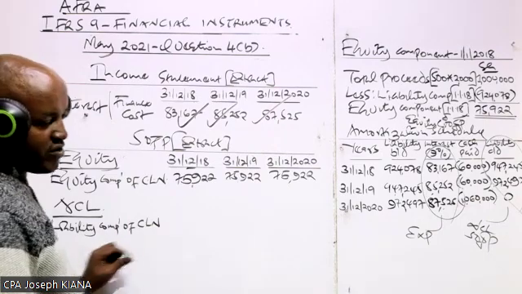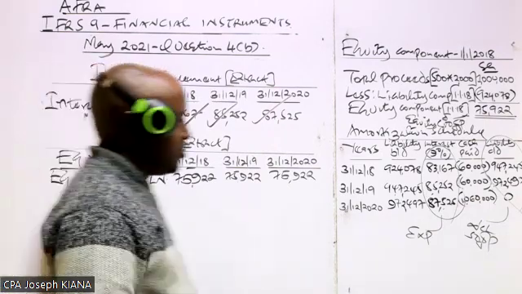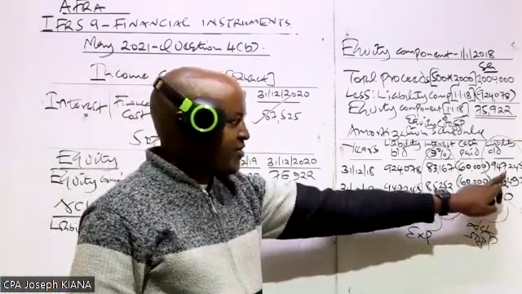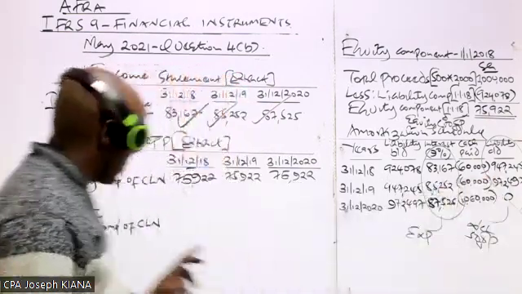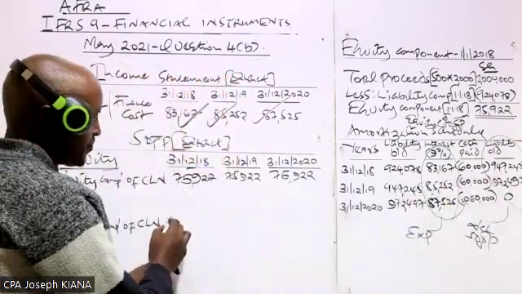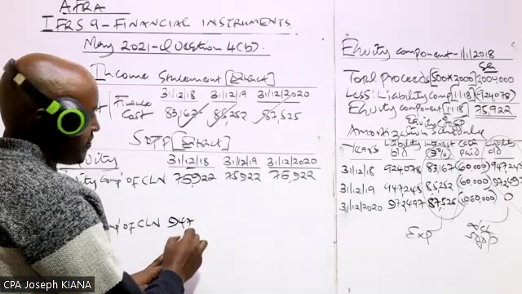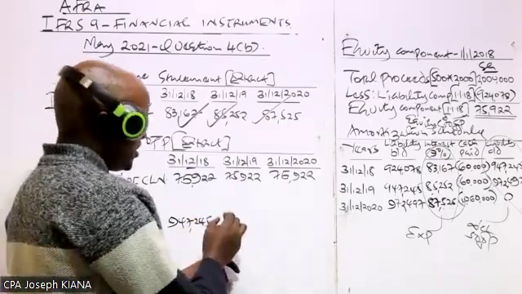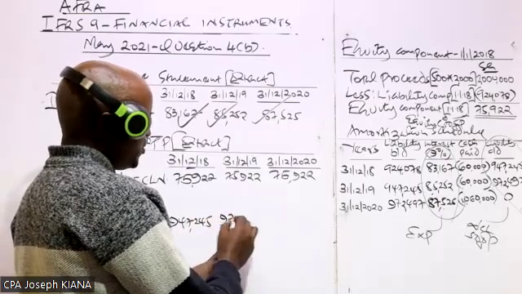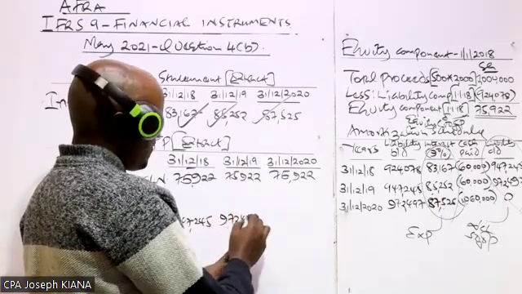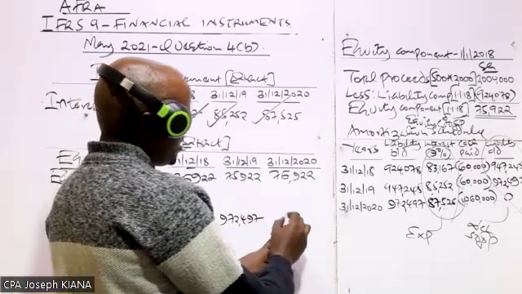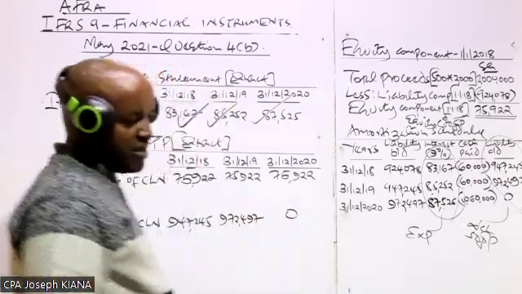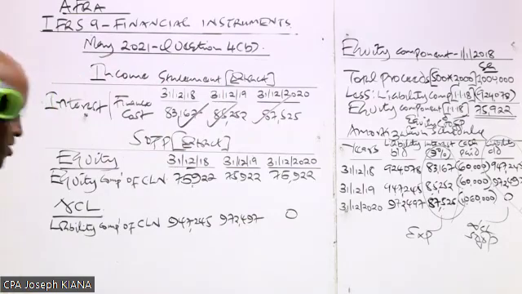This is the value of the liability at the end of year 1, so that's what we record here: 947,245. The liability at the end of year 2 is 972,479. And at the end of year 3, it is 0.